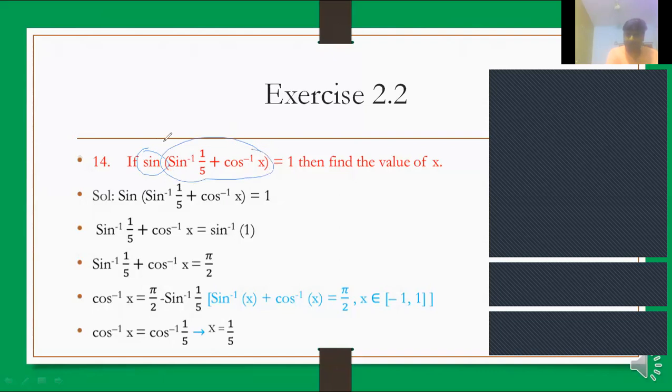Leave it. You tell me, what is the result given? 1. Sine of how much is the result 1? 90 degrees. When will you get 90 for this bracket term? Sine inverse of 1 by 5 plus cos inverse of 1 by 5 only.